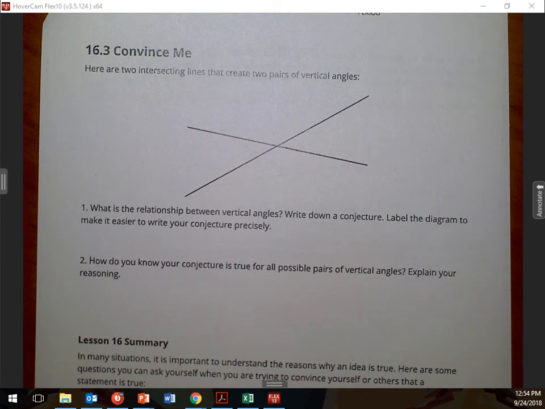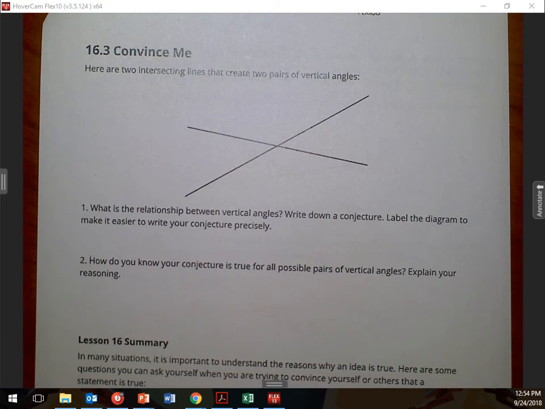All right, here are two intersecting lines that create two pairs of vertical angles. Vertical angles make what shape? It's an X. Try again. What is the relationship between vertical angles?